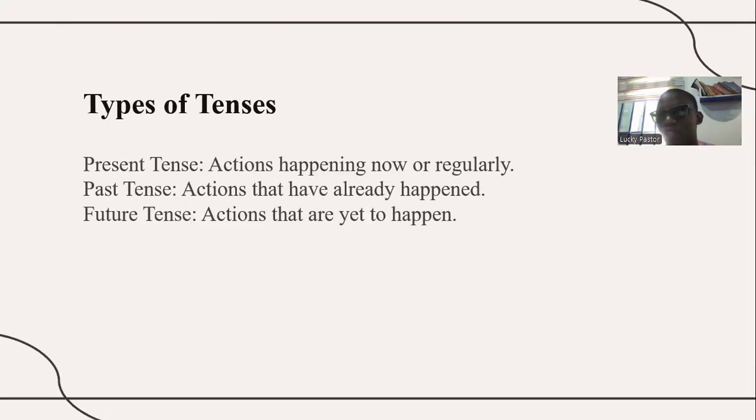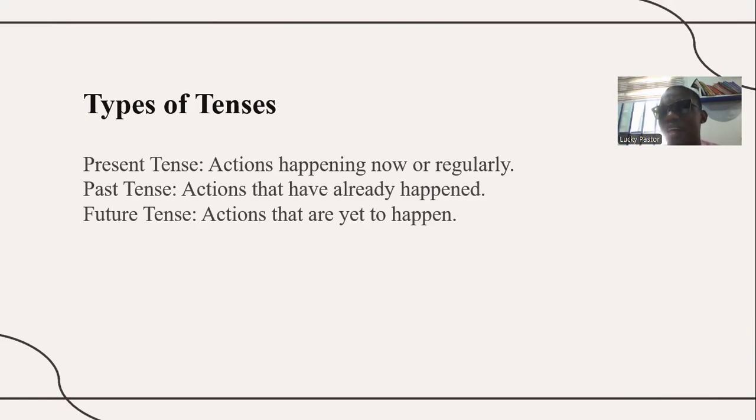Like I mentioned, there are different types of tenses, and of course, there are three in number. We have the present tense, actions happening now or actions that happen regularly. Past tense, actions that have already happened. Future tense, actions that are yet to happen. These are the three tenses in English. But like I said, there are four aspects for each of these tenses.